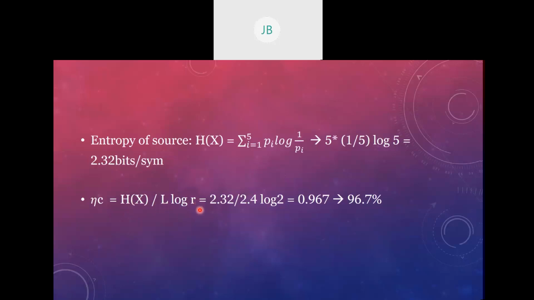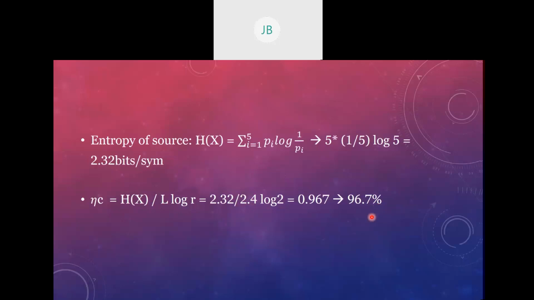We use the coding as 0 and 1. So log R becomes 1. So basically, coding efficiency is H of X divided by L. So that comes to 96.7%.